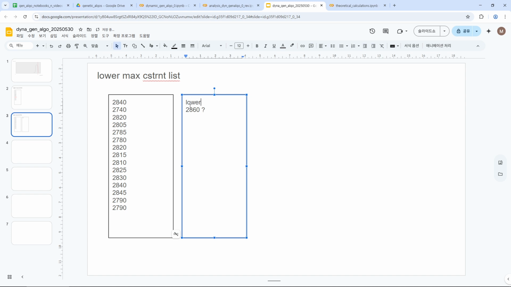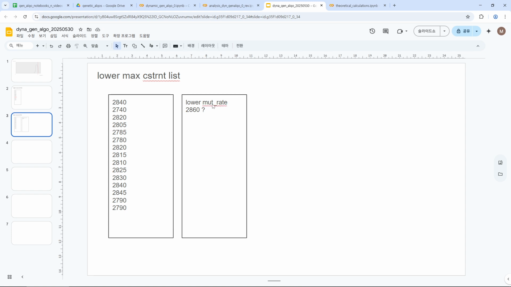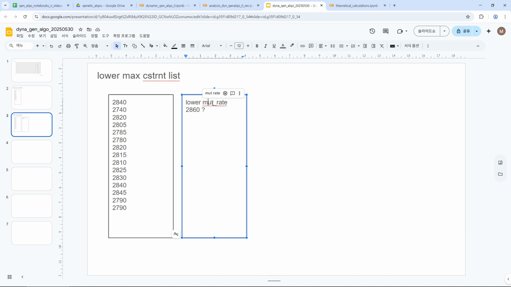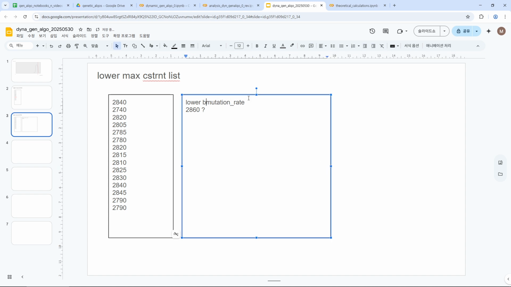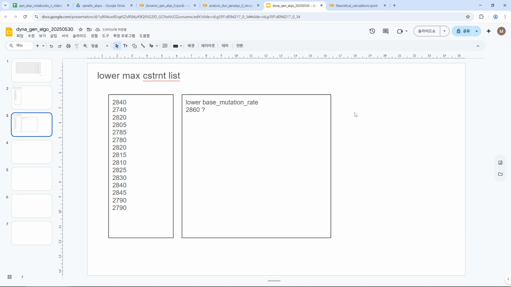This is lower mutation rate. Lower base mutation rate, fine. Yeah, that's amazing, isn't it?